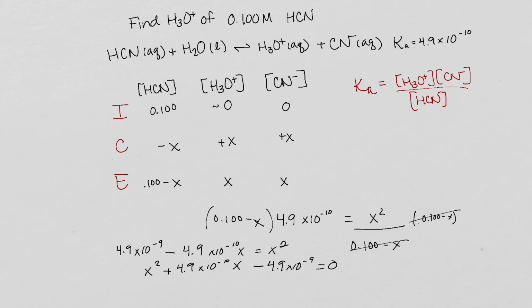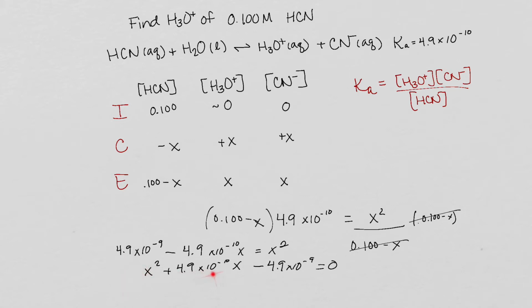So now if I want to use the quadratic formula, I can actually solve for this. And what you'll want to remember is that when you're using the quadratic formula, you want to know what the actual values are in the equation. Your a term would be 1 because there's nothing in front of the x squared.